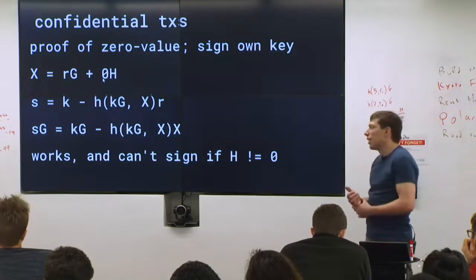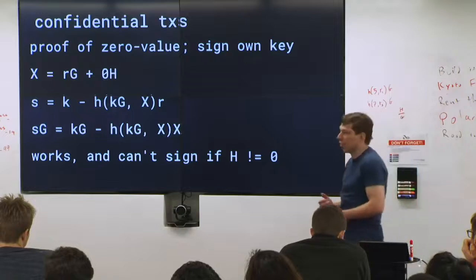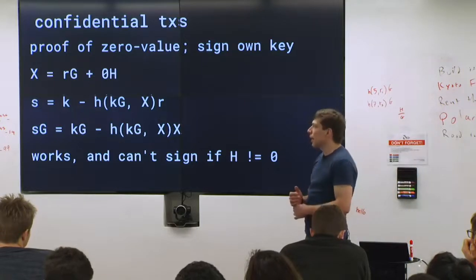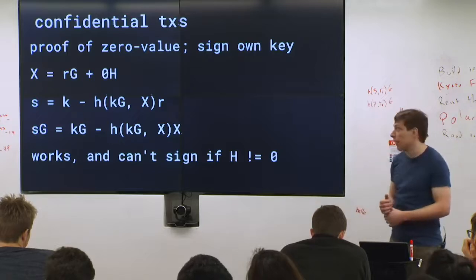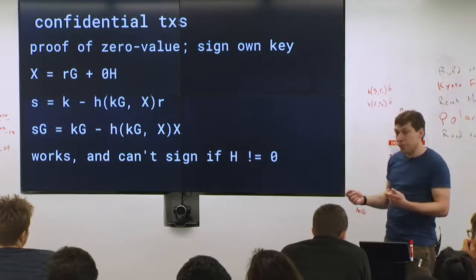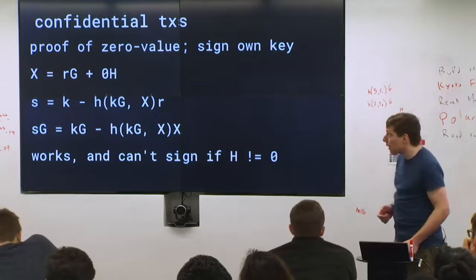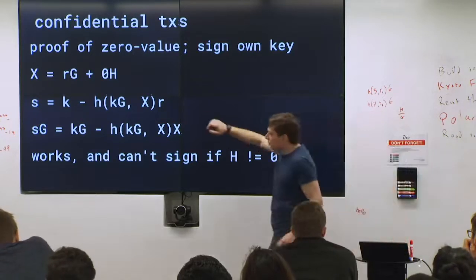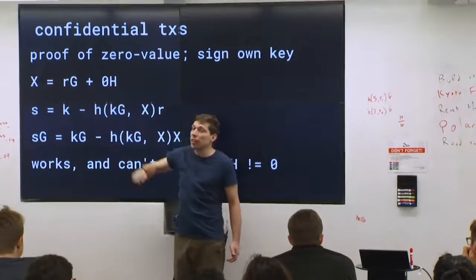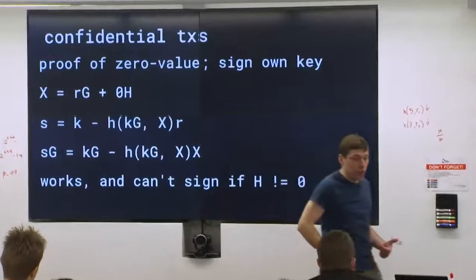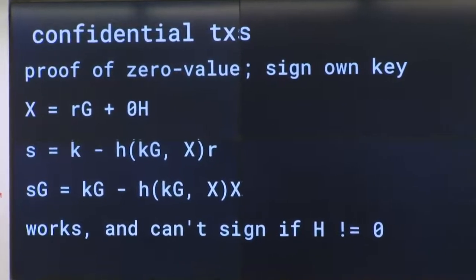So that's kind of cool. It's actually not that cool, right? Because I just revealed my value and I revealed it to be 0. But I did it without revealing R. So that is kind of cool, right? I could do it by just saying, hey, here's my R and v values, multiply them and add them up to see that it gets to the point I committed to. But I can now prove something about v without revealing anything about R. Before we were saying the way you reveal these commitments is you reveal the blinding factor and you reveal the value itself.